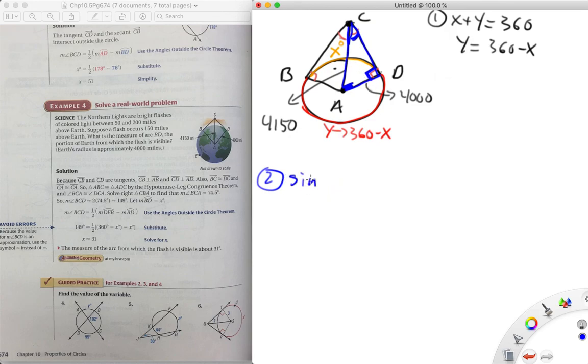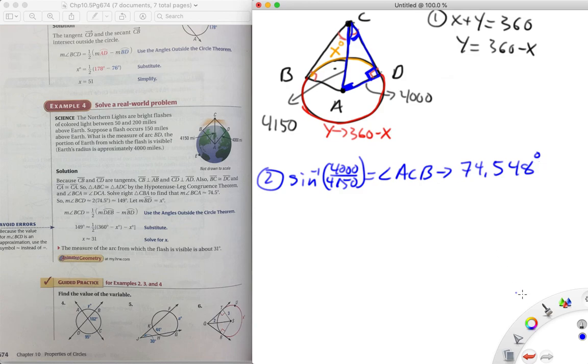So I can take the inverse sine of opposite over hypotenuse, and that's going to give me angle ACB, which is going to be 74.548.